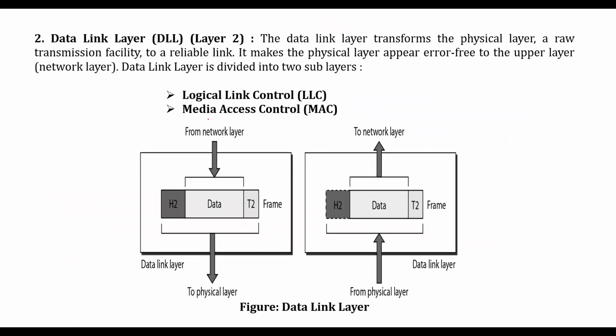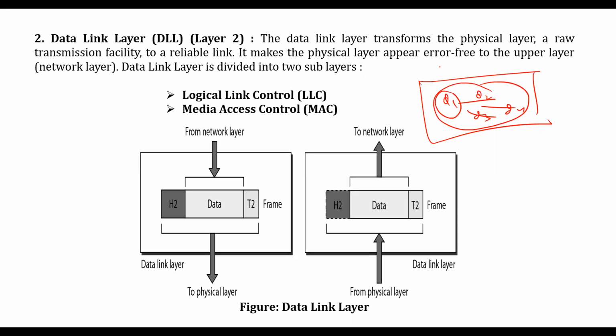The data link layer takes care of physical addressing, logical link control, and media access control. Logical link control means, when multiple devices are connected to the same network, device 1, device 2, device 3, device 4, among those multiple connections, which device has more priority to communicate and which device has less priority and should stop communication.